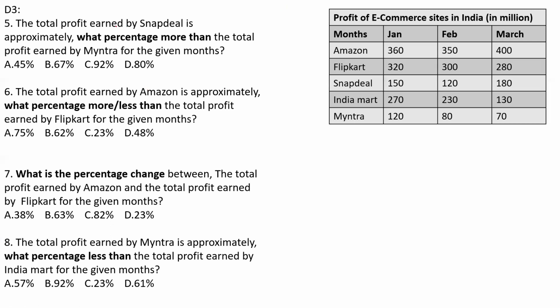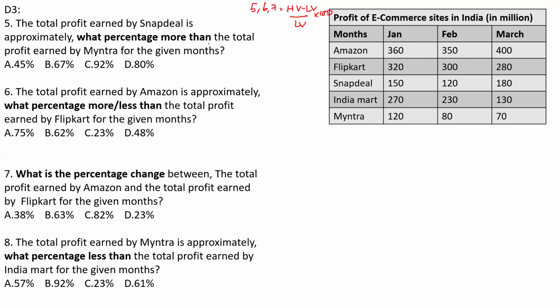So for making it simpler, for all these three questions, 5, 6, 7, the formula would be higher value minus lower value, divided by lower value, into 100. And similarly, for the 8th question, what percentage less?